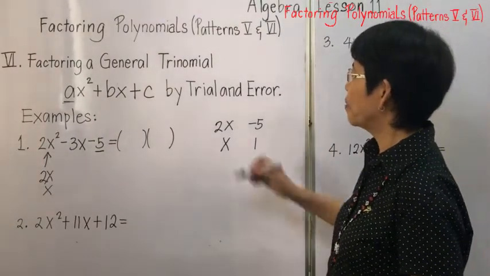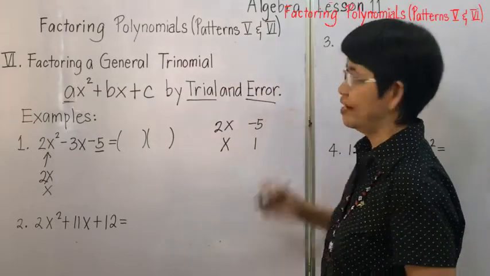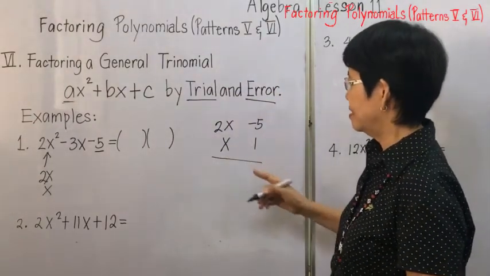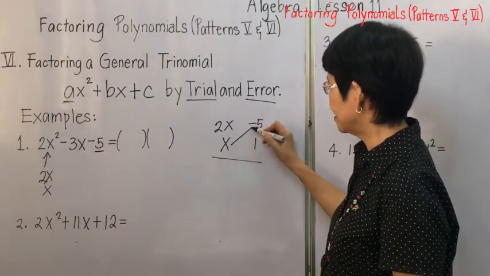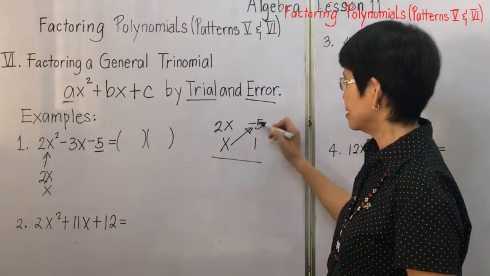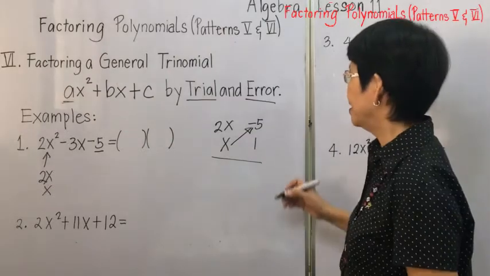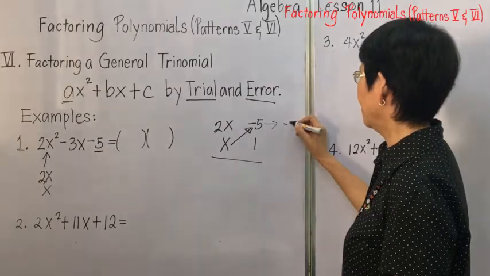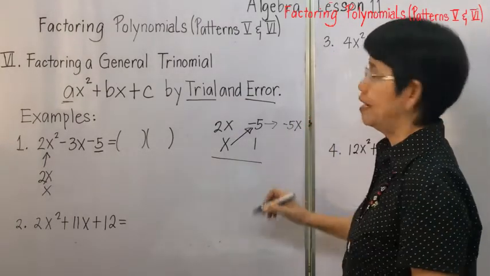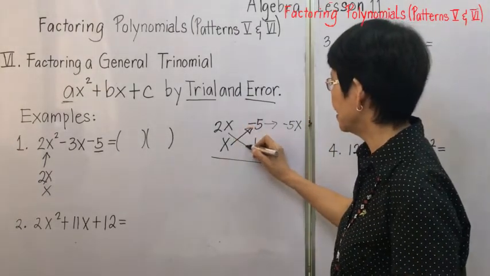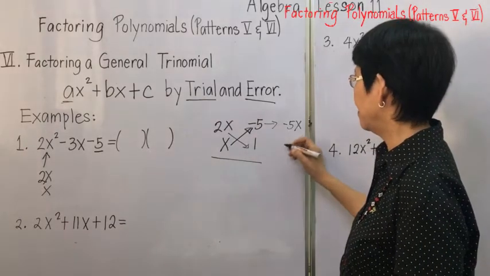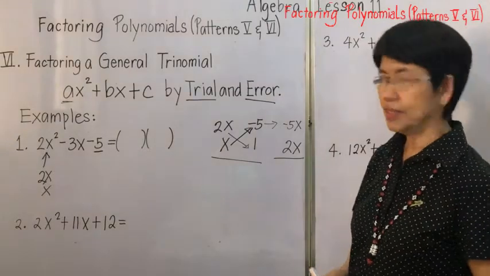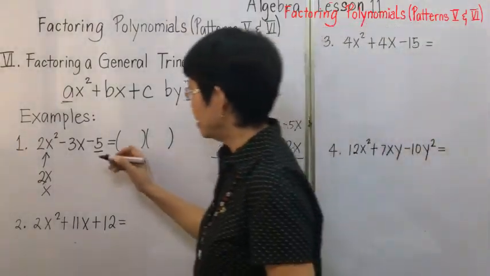And then you apply trial and error, which means that you will multiply this way. x times negative 5 is negative 5x, and 2x times positive 1 is positive 2x. Then add these 2. The result should be the middle term.